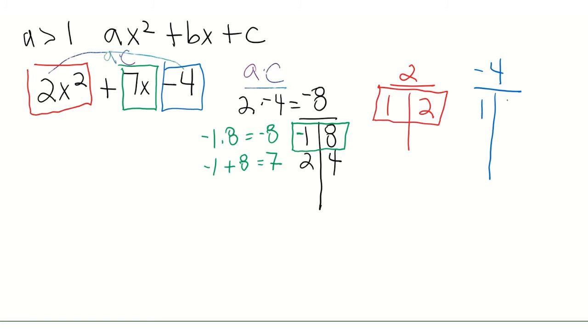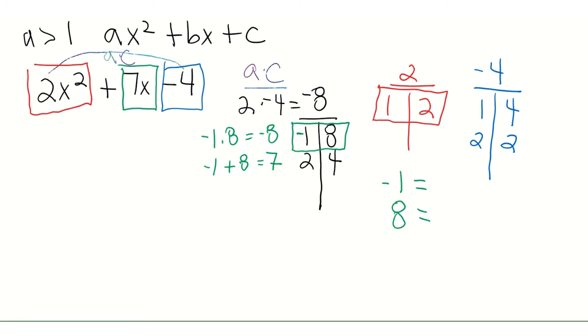So that's 1 and 4 and 2 and 2. So now we need to match them up with that 1 and the 8. When we multiply them together, one of them is going to equal a minus 1, and the other is going to multiply together to give me a positive 8.